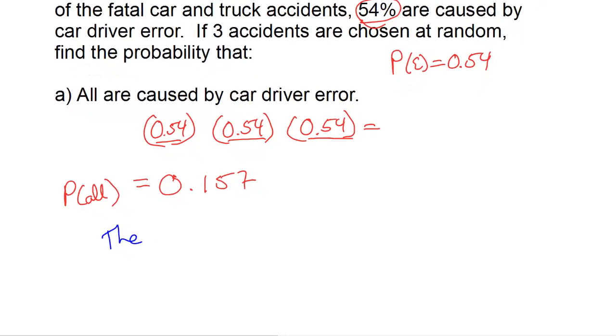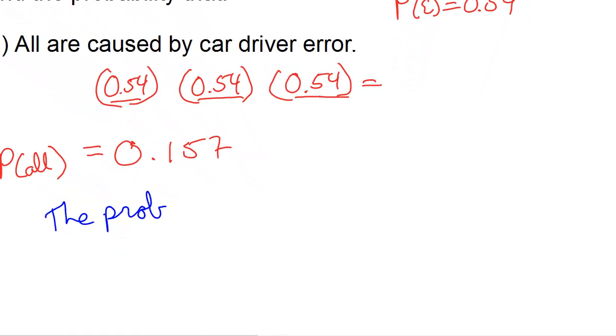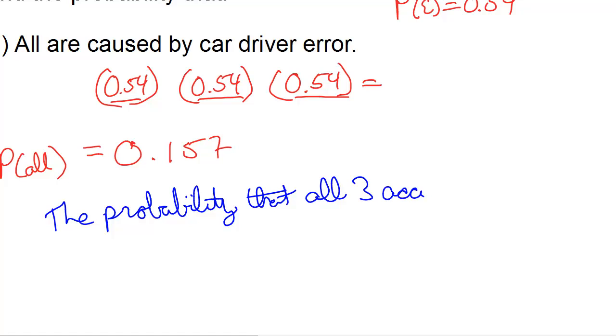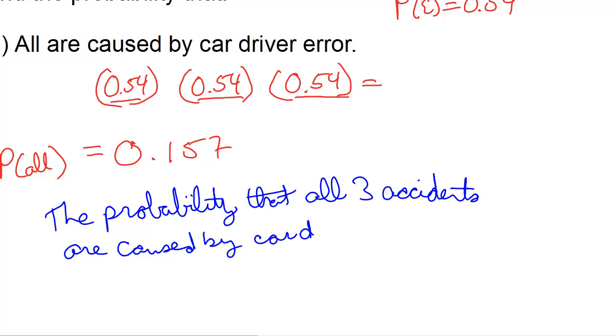So the probability that all 3 accidents are caused by car driver error is 0.157.